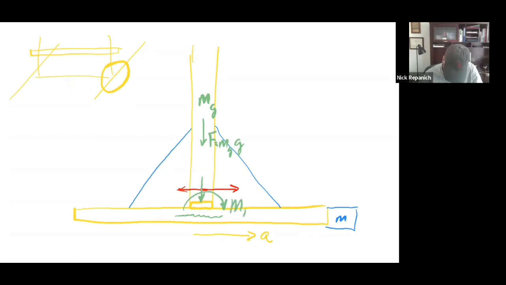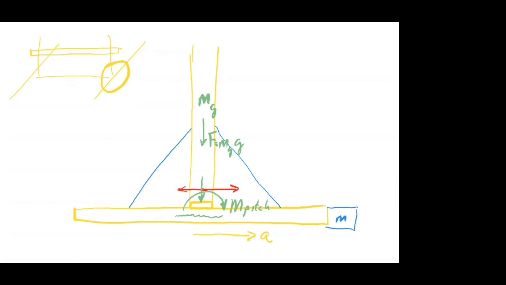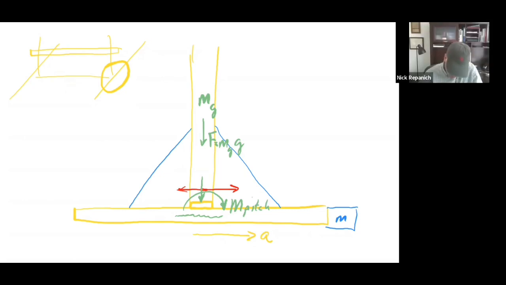And that would be a pitch moment. And you would have to say, all right, where is this center of mass? What's the moment? What's the radius?